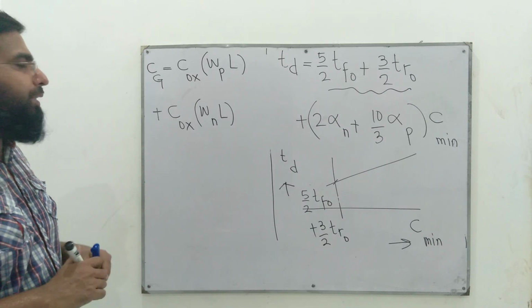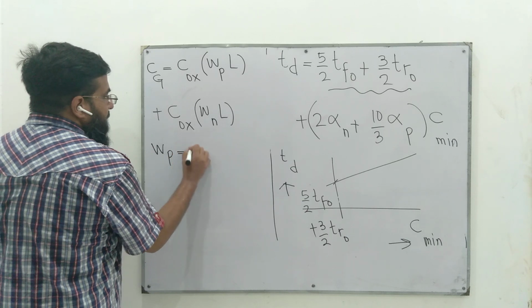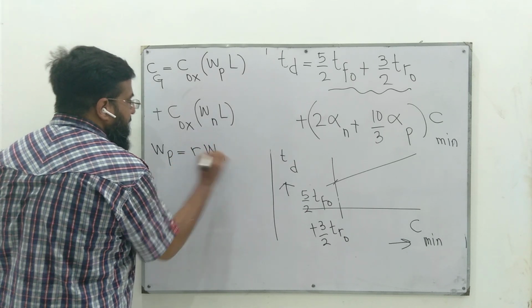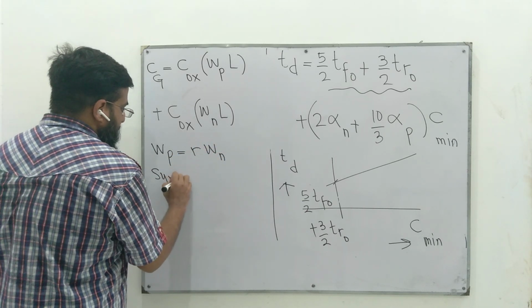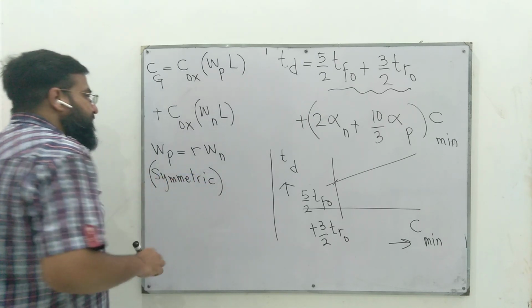What if it is symmetric? For a symmetric NOT, WP is R times WN, only if the gate is symmetric.